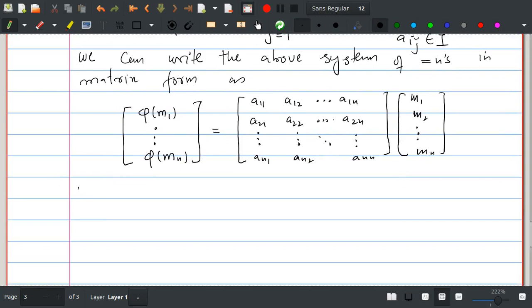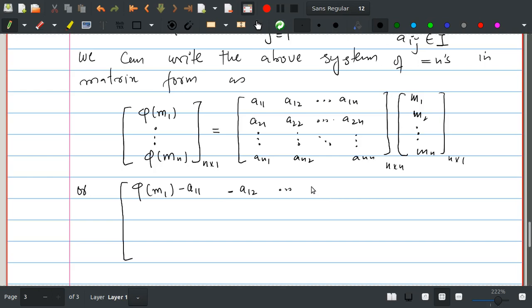So this would imply, let us take the RHS to the left hand side. We get a matrix like this. So this is phi minus a11, actually this is an n cross 1 matrix here, this is n cross n, and this is n cross 1 matrix. Then we have minus a12, so on, minus a1n. Then we have minus a21, then phi minus a22, so on, minus a2n.